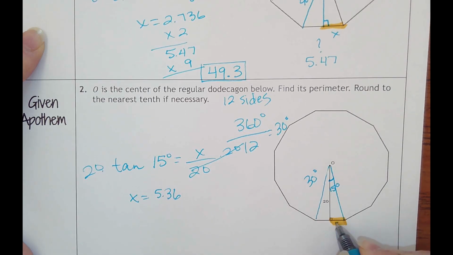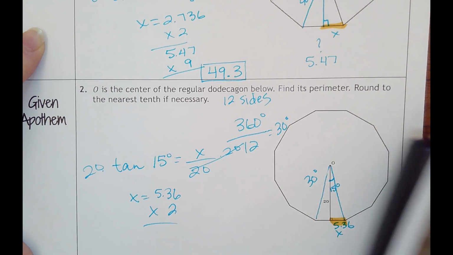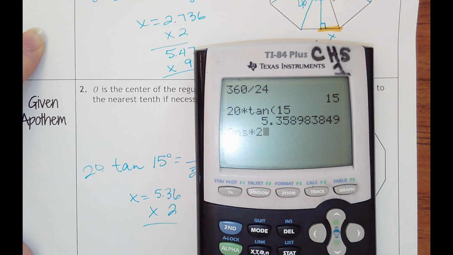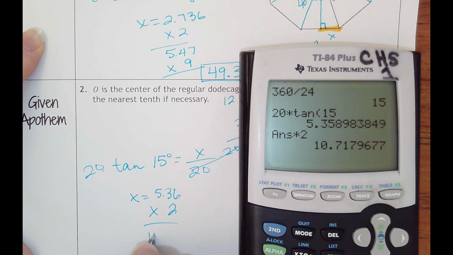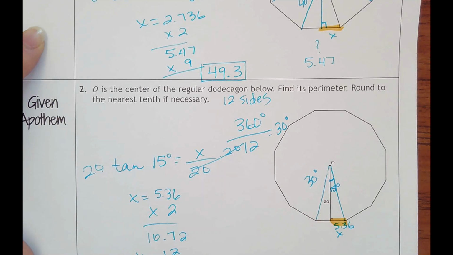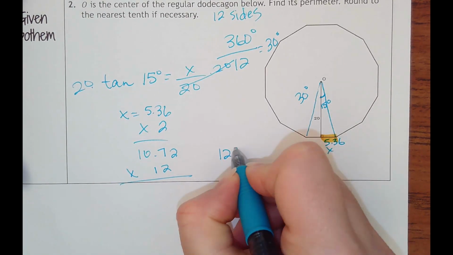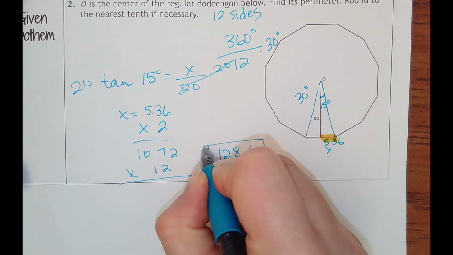So that would be this, but I'd want to double it to get here. And then since there's 12 sides, I'm going to take that times 12. And I'd get 128.6 for its perimeter.